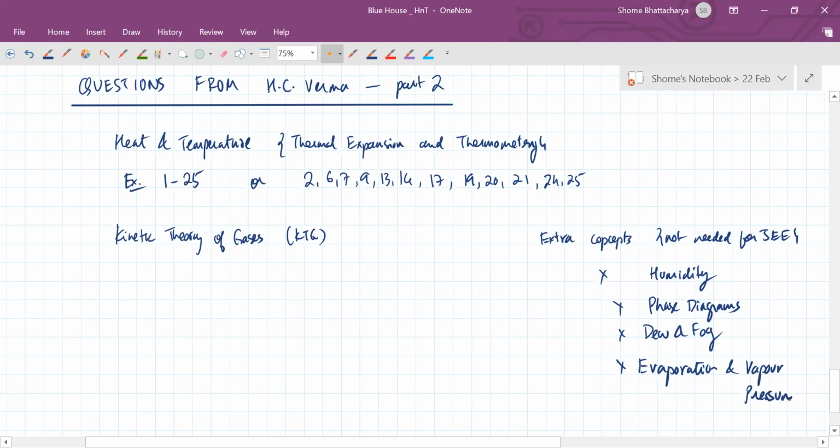All these you don't need to do. They are there in HC Verma as extra knowledge, but you don't need to do them.